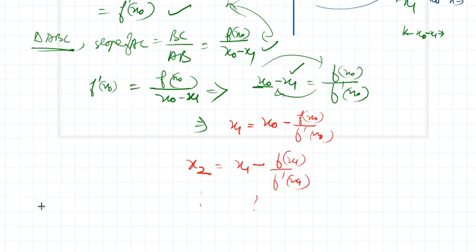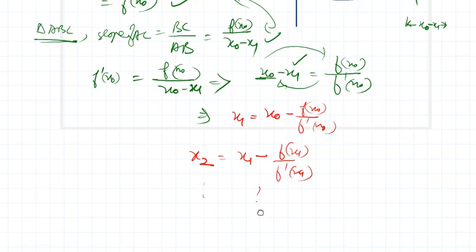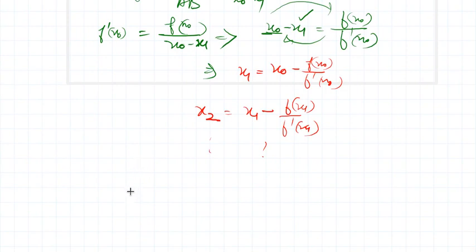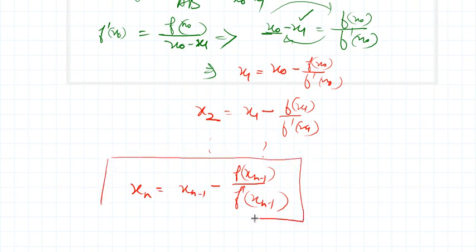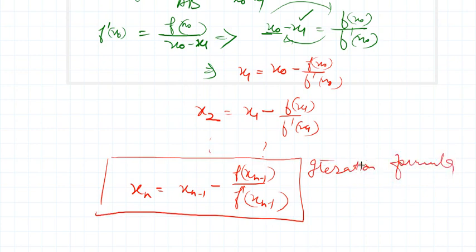So if I want to generalize it, then xn can be written as xn minus 1 minus f of xn minus 1 over f prime of xn minus 1. So this is the iteration formula. In some books, n plus 1 may be written in place of n, okay.